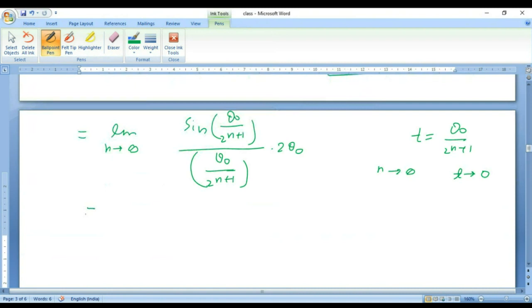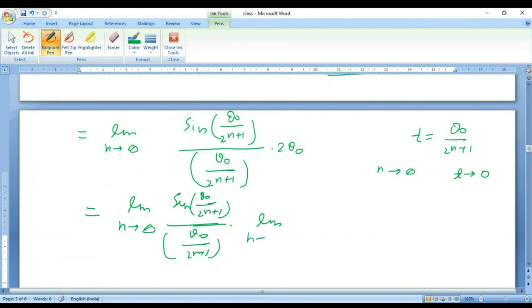Now we take the limit. This whole limit is 1. So we'll write the limit n tends to infinity of sine of theta naught over 2 to the power n plus 1 upon theta naught over 2 to the power n plus 1, times the limit n tends to infinity of 2 theta naught. So we have done this under certain circumstances, that the limit of products equals the product of limits.